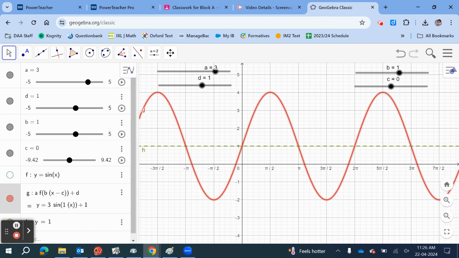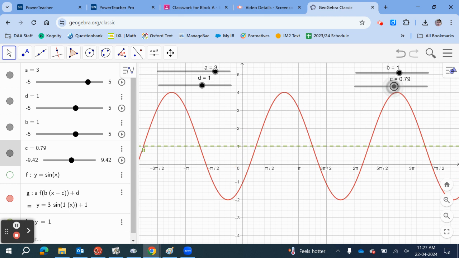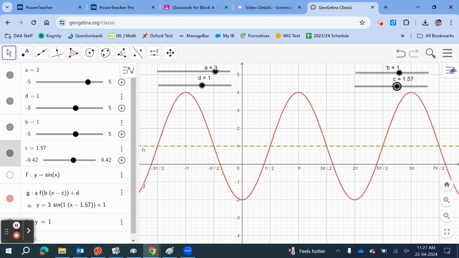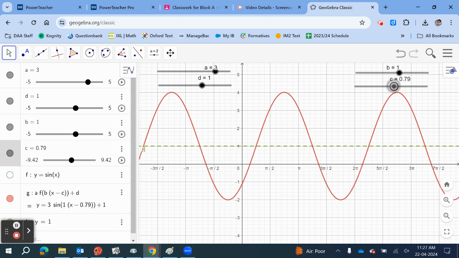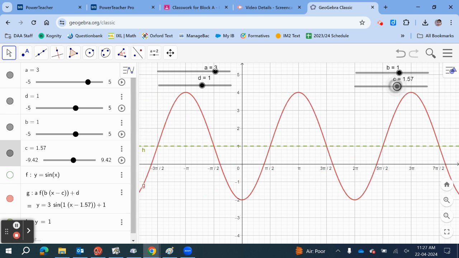Zero. So let's make it pi over 2. Sorry, I've got something messed up here.